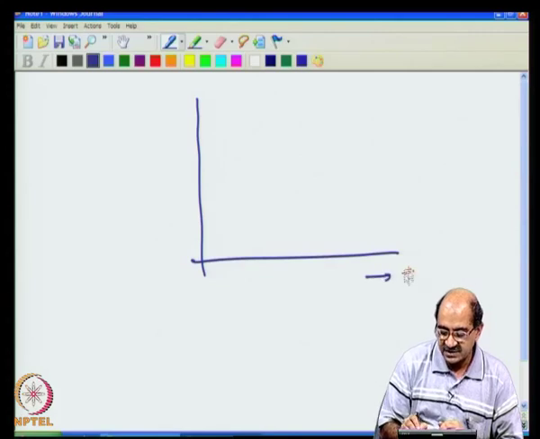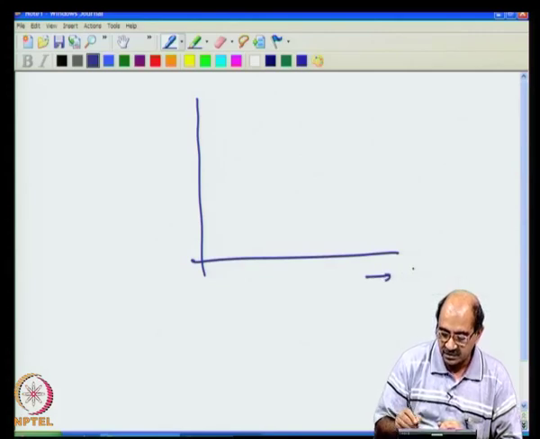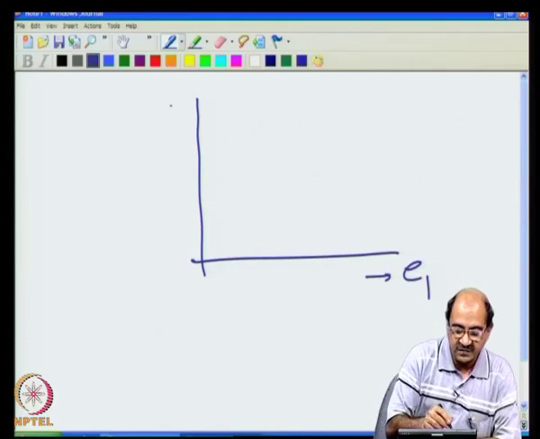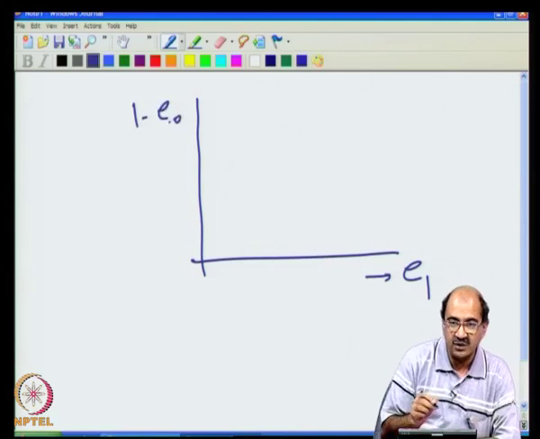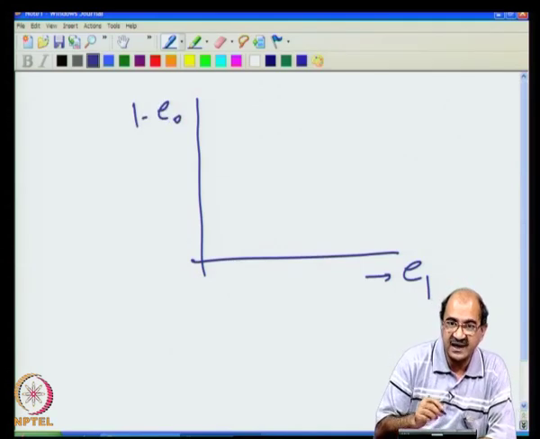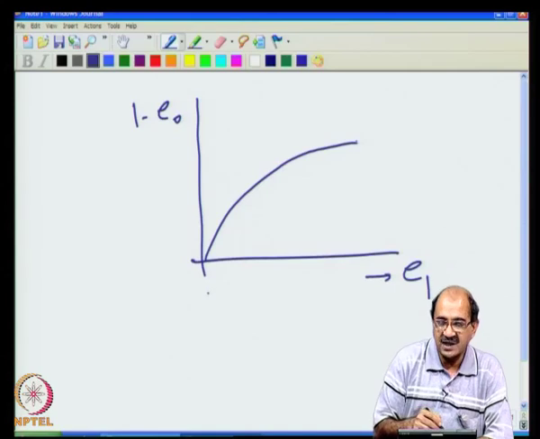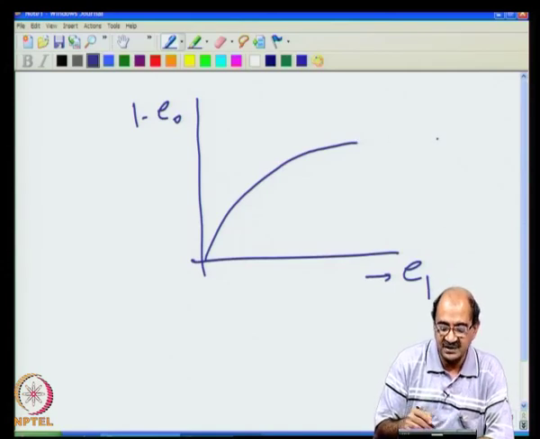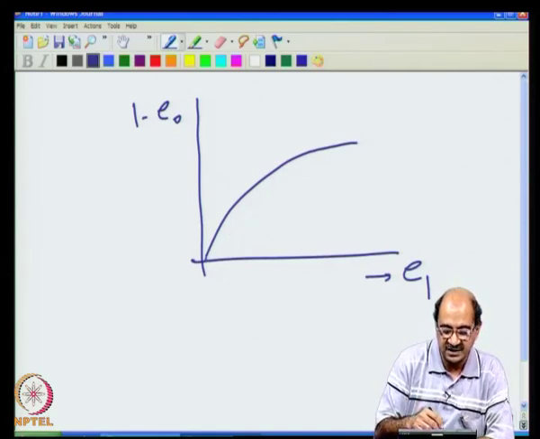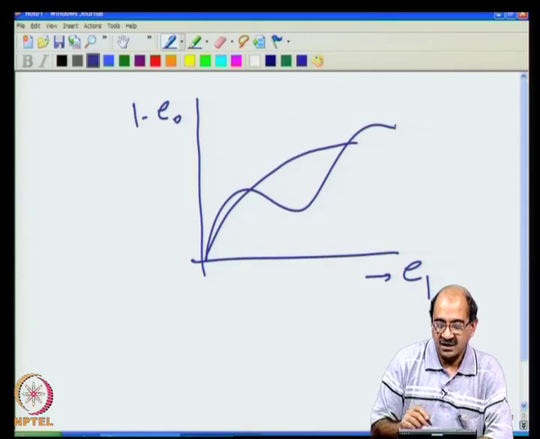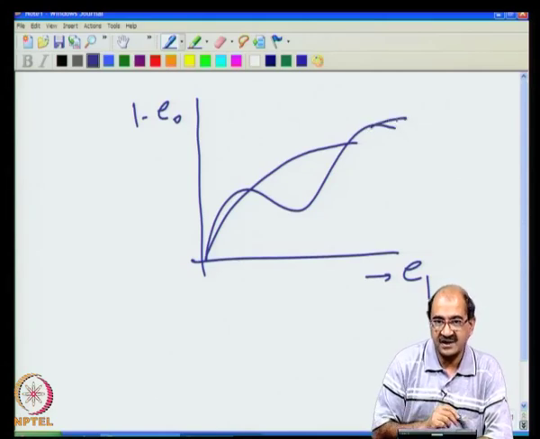So, on the x axis you have E 1, on the y axis you have 1 minus E 0. This is the false alarm rate, this is the correct detection rate. For different taus you get different values, and it actually moves along a smooth curve. Of course, the curve does not always have to be like this; the curve can have many other characteristics.